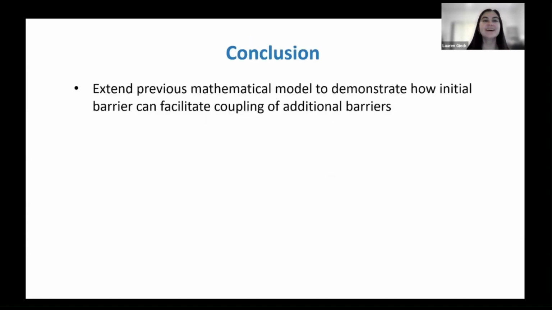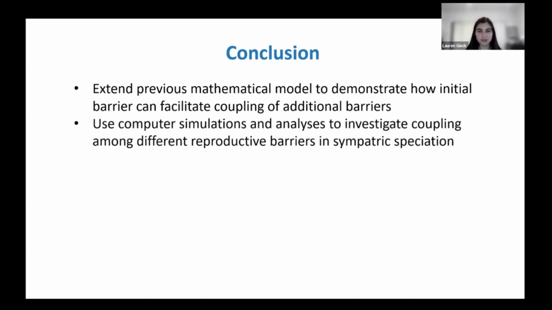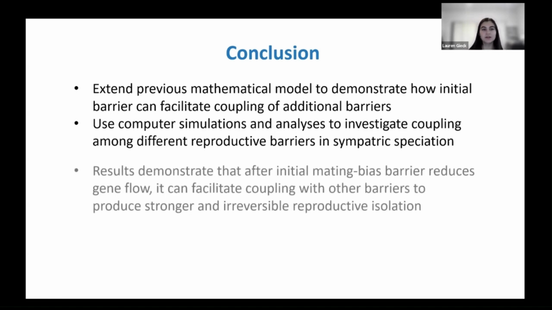So in conclusion, we extended a previous mathematical model to demonstrate how an initial barrier can facilitate coupling of additional barrier mechanisms. We used computer simulations and analyses to investigate coupling among different reproductive barriers in sympatric speciation.